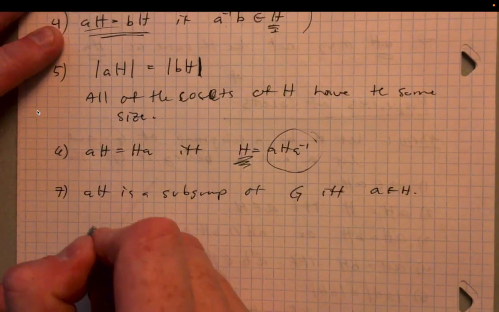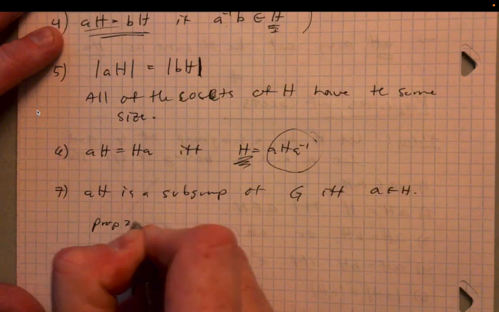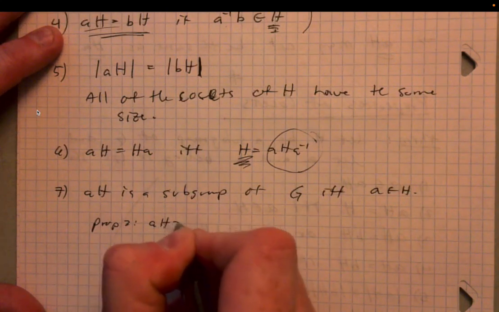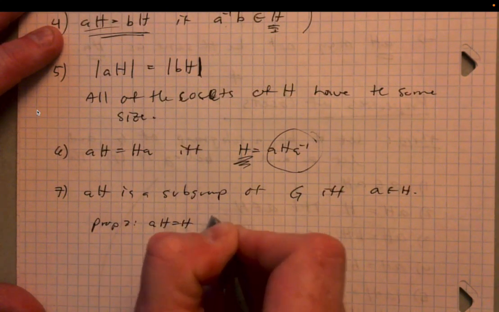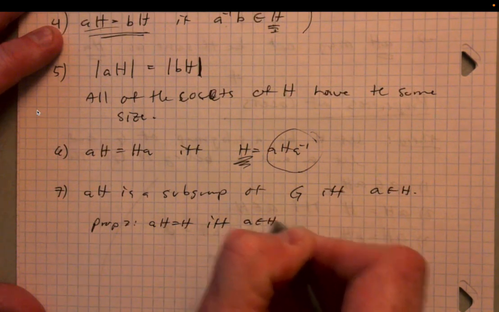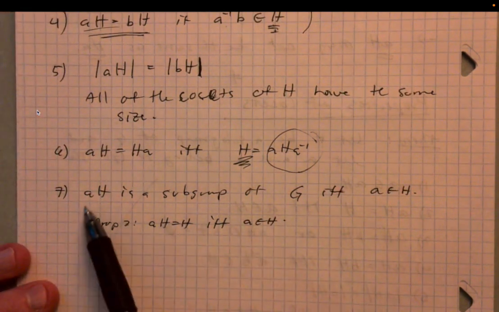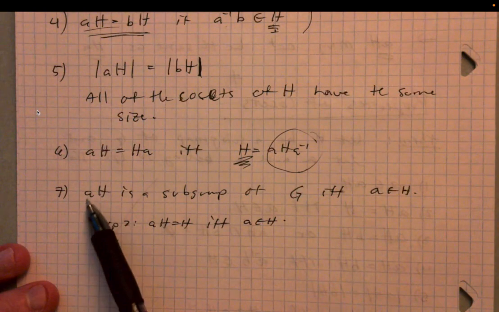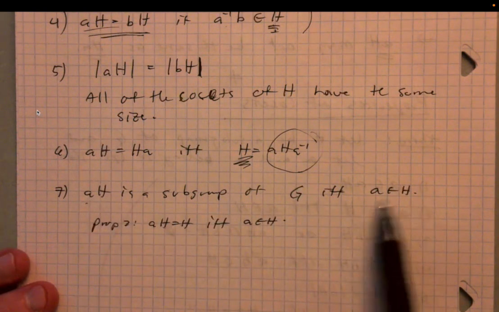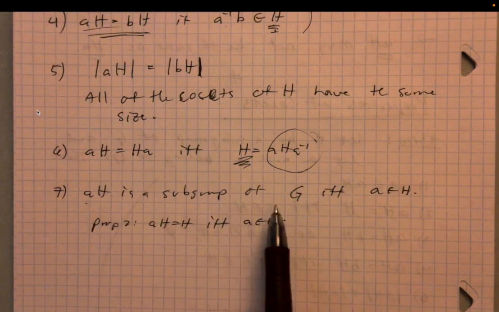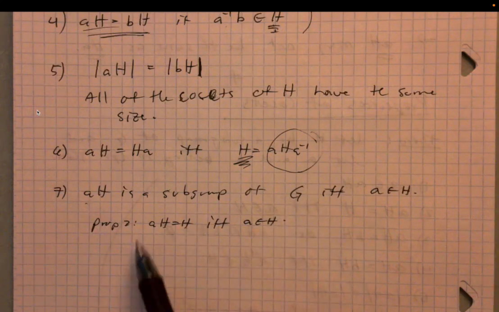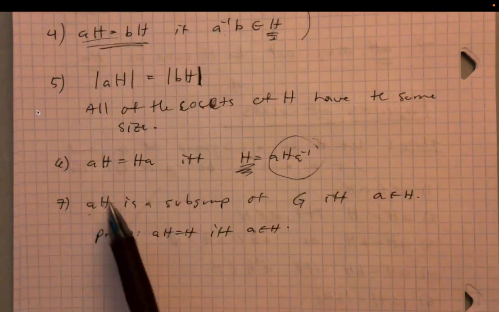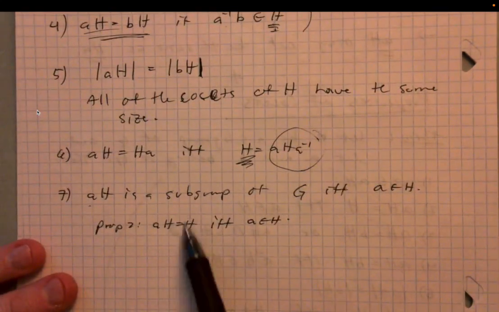In property 2, we saw that AH equals H if and only if A is in H. So AH, which is H, is a subgroup of G if and only if A is in H. The only time you're going to get a subgroup from a coset is if the coset is equal to the subgroup you're starting with.